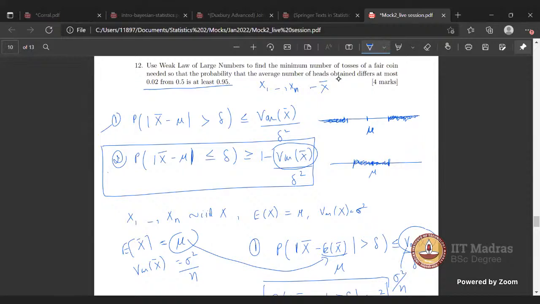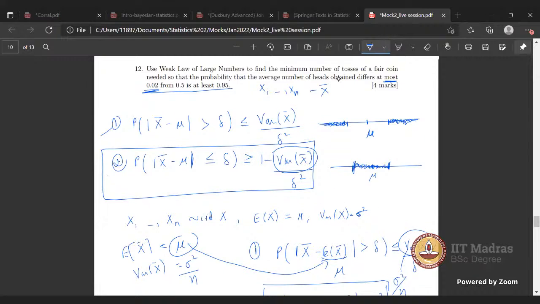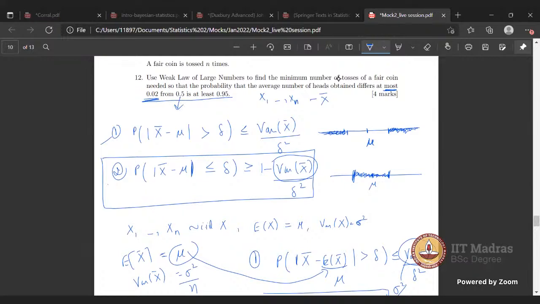So what I'm interested in for this problem is this region, because it says the average number of heads obtained differs by at most 0.02. So at most it can go 0.02 from 0.5. And what is 0.5? 0.5 is actually the mean when you're tossing a fair coin.